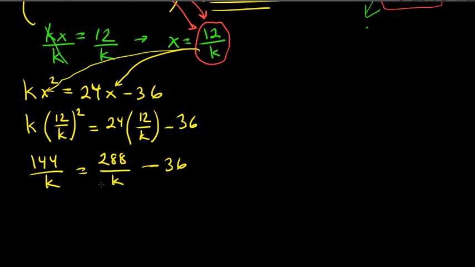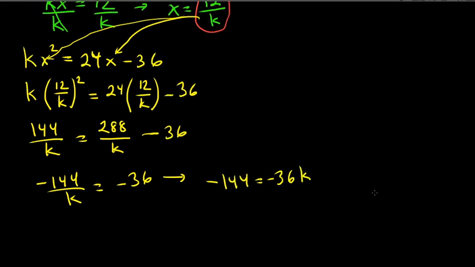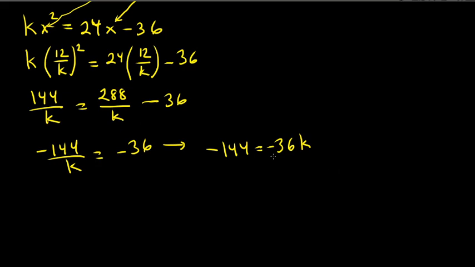And I can subtract the 288 over k from both sides. 144 minus 288 is negative 144 over k, and that's equal to negative 36. So multiplying both sides by k, I get negative 36 times k is equal to negative 144.